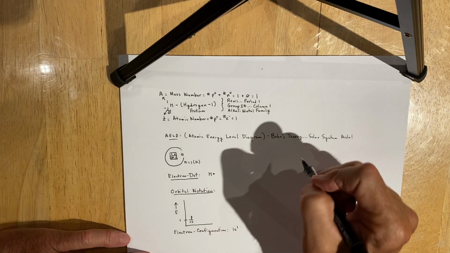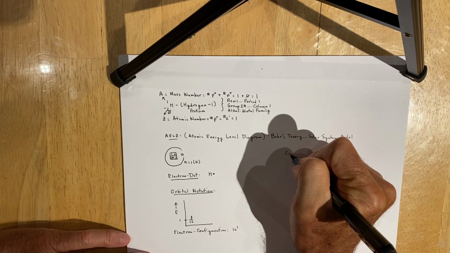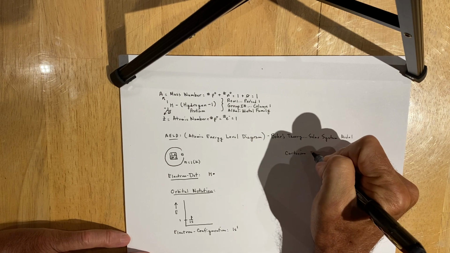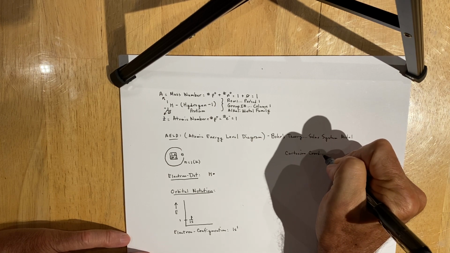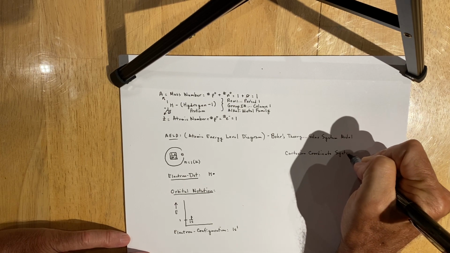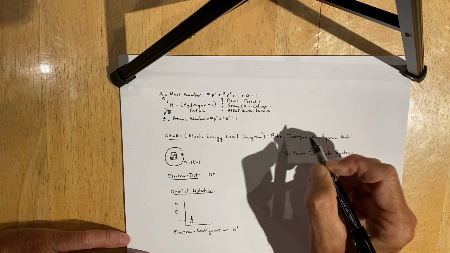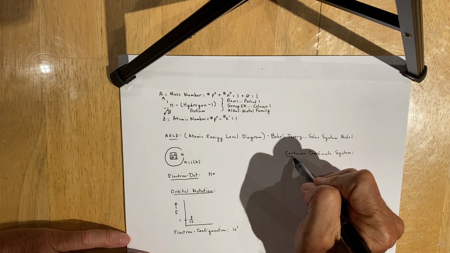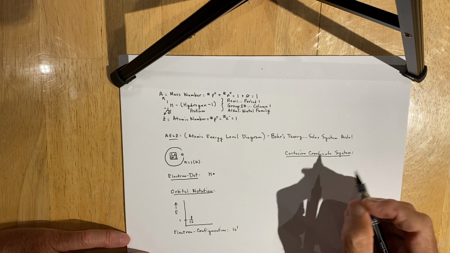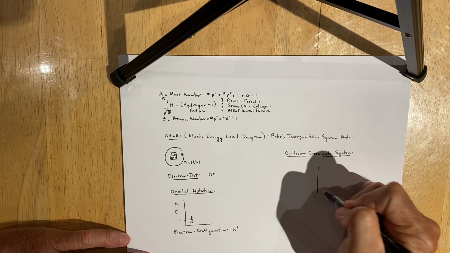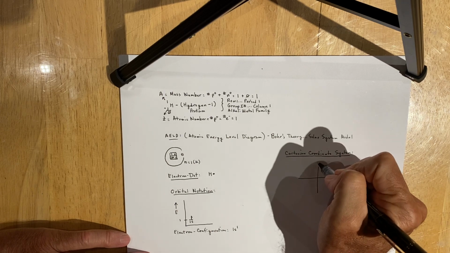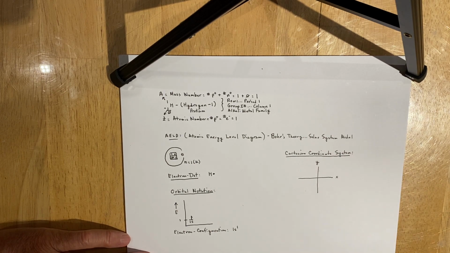Another little diagram that I ask you to represent is the Cartesian coordinate system. You should be relatively familiar with the Cartesian coordinate system, because that is your XY plane. So in other words, you're going to examine the position of that electron in terms of an XY plane.